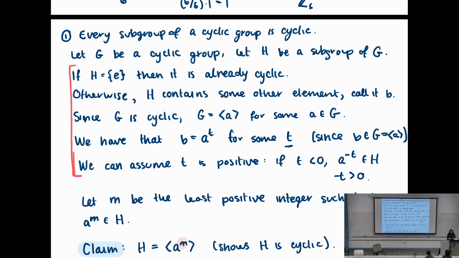This entire part, the goal was just to show that there is a positive integer t with a to the t in H. So that was what was accomplished in this part of the proof. We just showed that there's some positive integer t with a to the t in H.